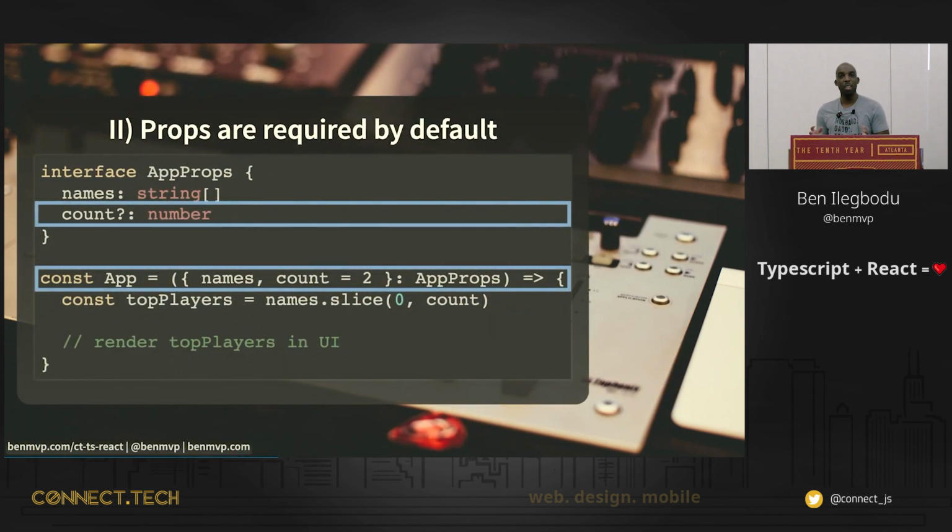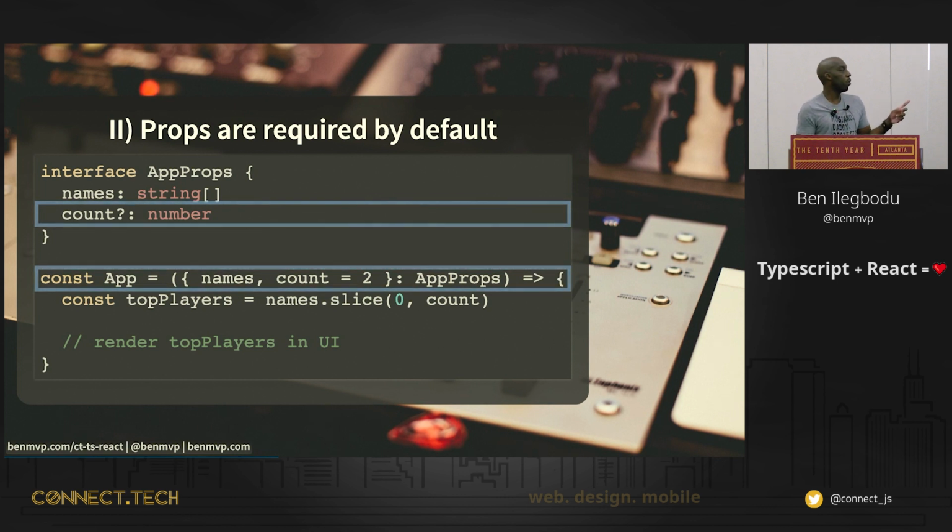However, we can use the question mark to denote that this prop is optional. So that is still on the table. And that means that its value is going to be undefined here in the component app. So if I decide to omit count now, when rendering the app, there's no error this time, and its value will default to 2.